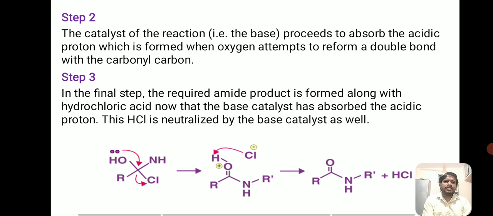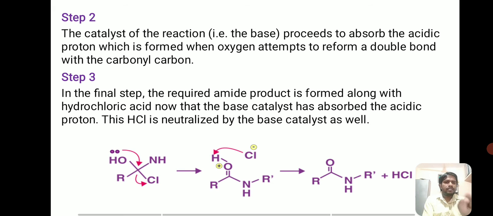In the second step, what happened? The catalyst of the reaction, that is a base here, proceeds to absorb the acidic proton which is formed when the oxygen attempts to reform a double bond with the carbonyl carbon.